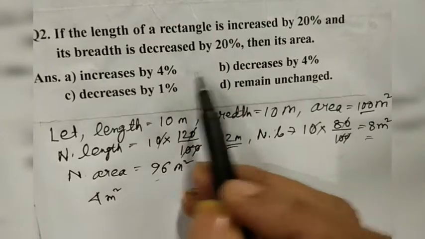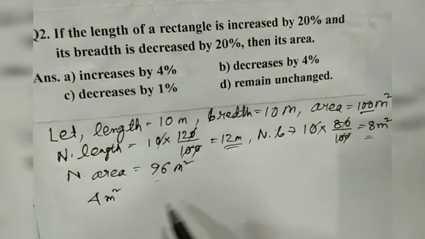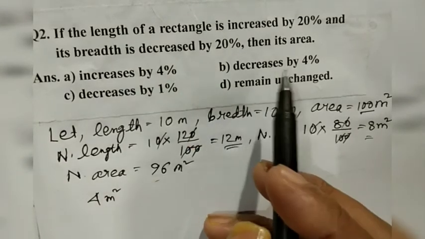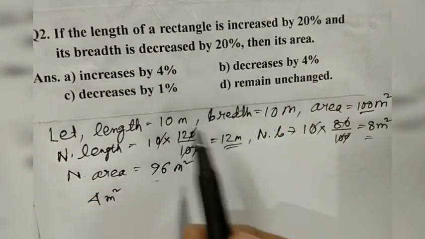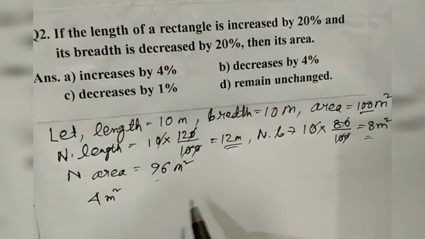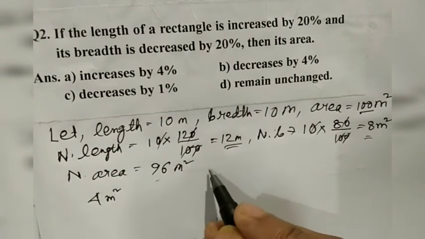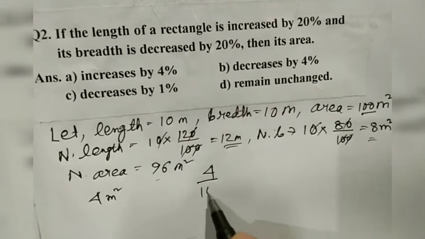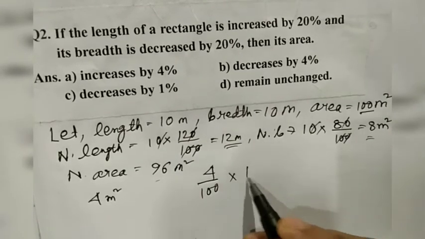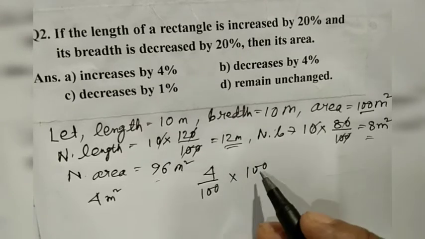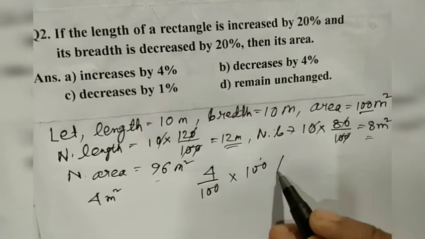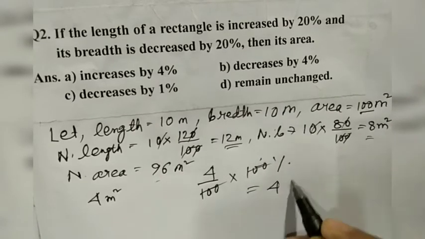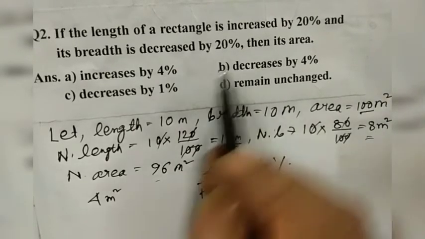Here the question is the percentage decrease: 4 by 100 into 100. Answer is 4%. B.